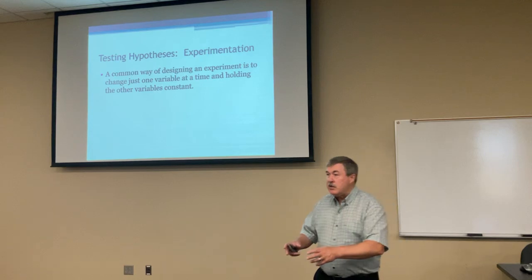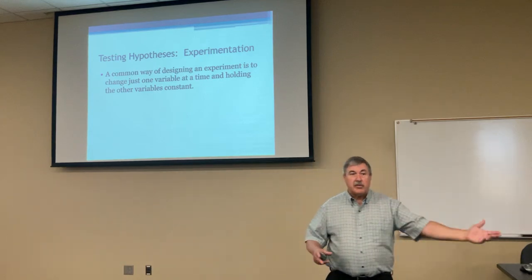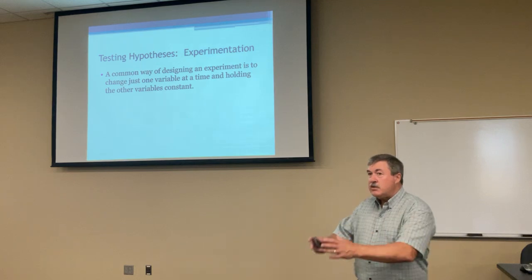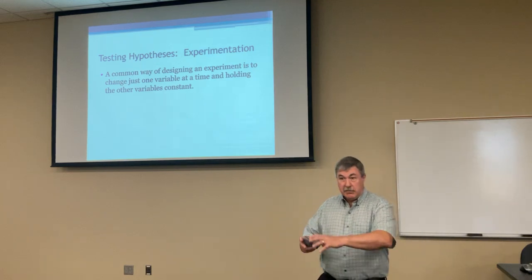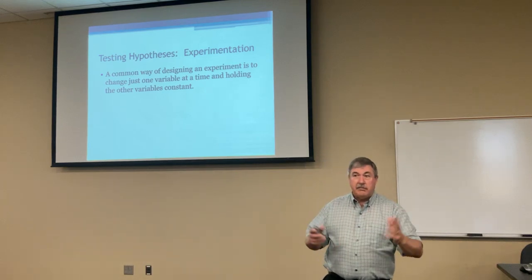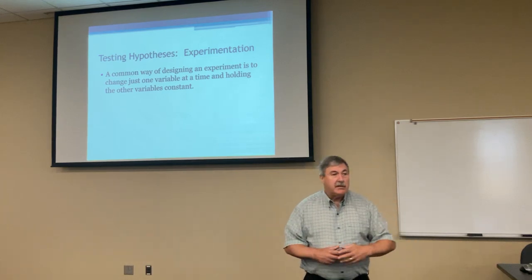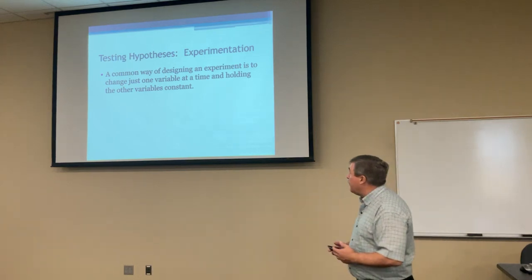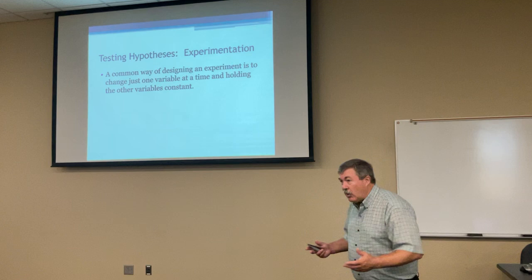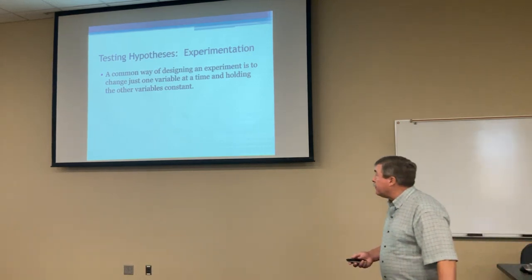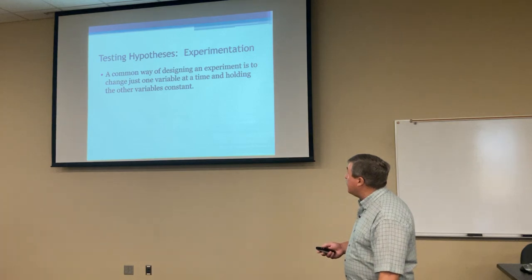So if you see a change in your experimental group, and you don't have a control group to compare it to, you don't know if that change you observe is due to that manipulation or if it was just a matter of chance, because the animals maybe got older. Okay. So that's not the only way you can do experiments, but that's a very common experimental method.